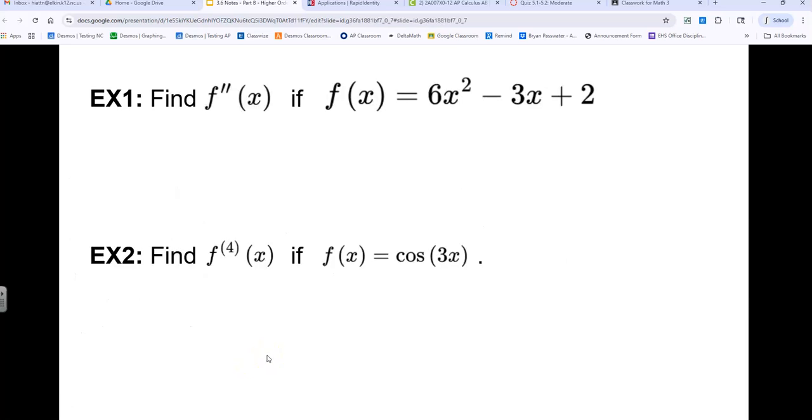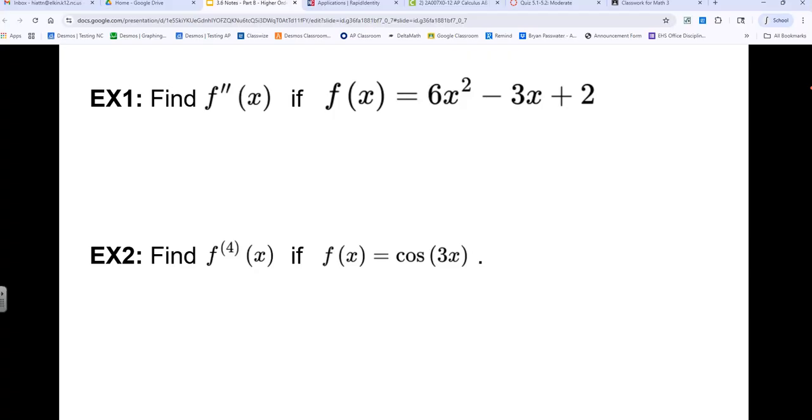So let's look at some examples. Okay, these can be super duper easy, such as our first example here. We've got f of x equals 6x squared minus 3x plus 2. They're asking us to find the second derivative, which means we must take the derivative twice. When you do this, you need to label everything. You might get one this easy.